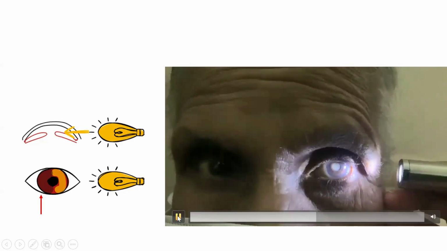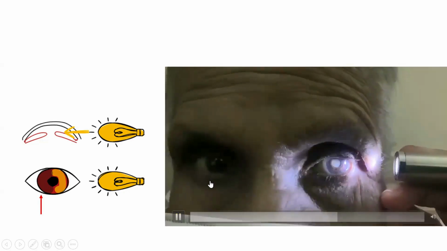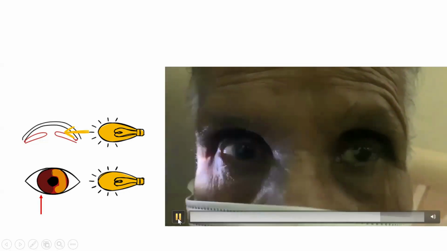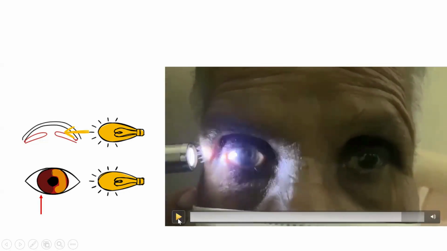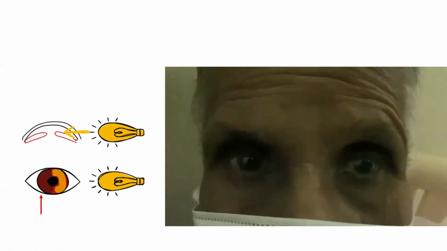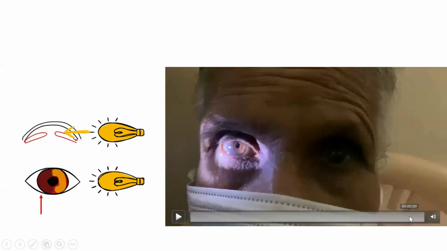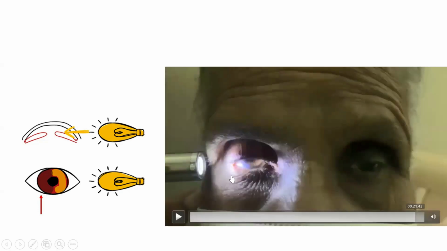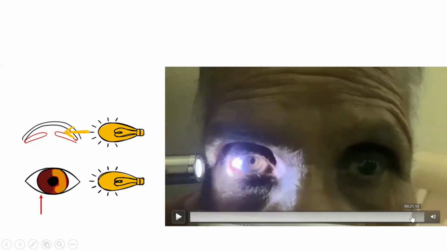But we'll see what happens in the right eye. If I throw light on the temporal side, the nasal limbus is markedly illuminated.